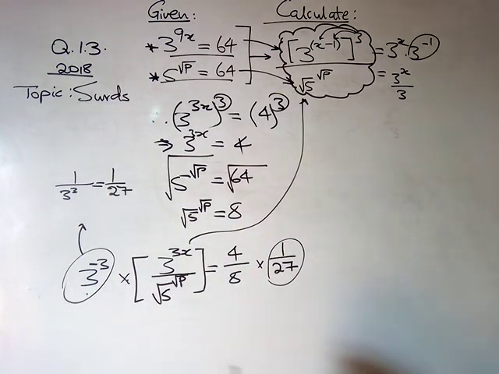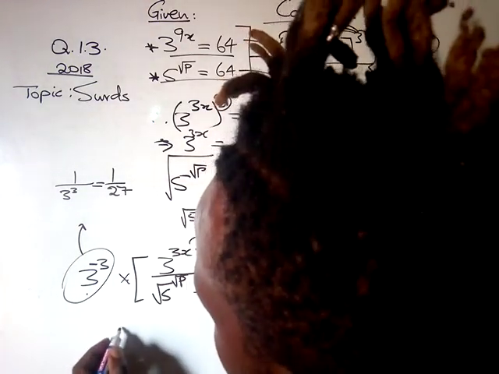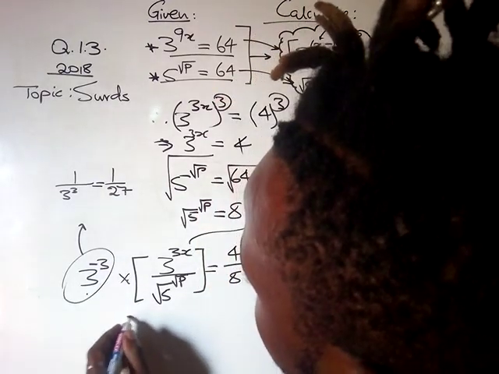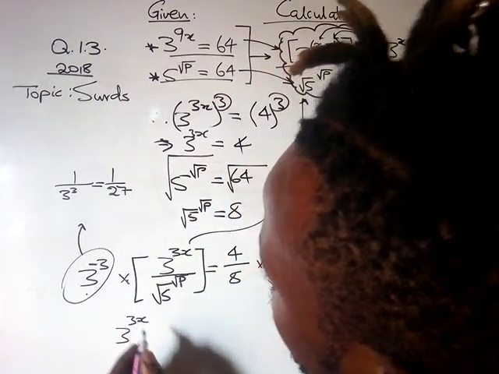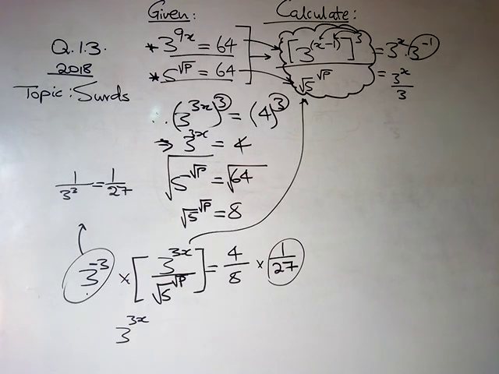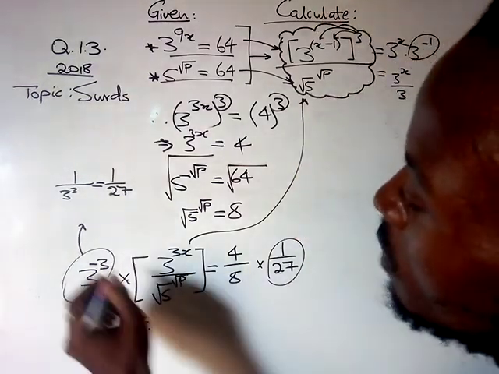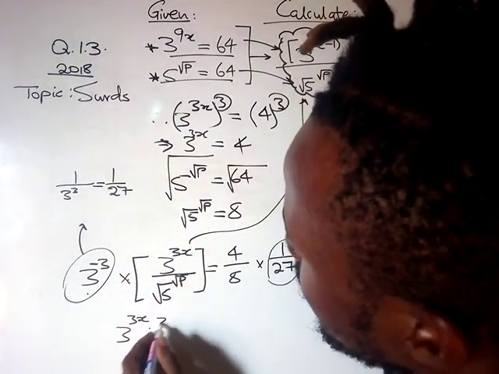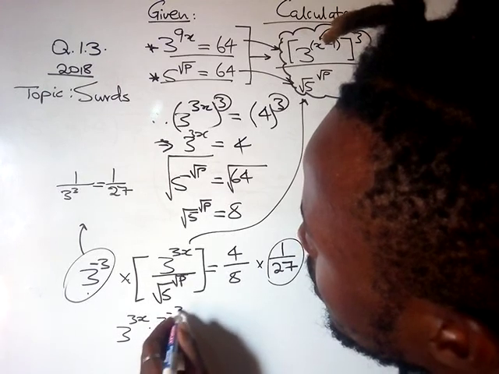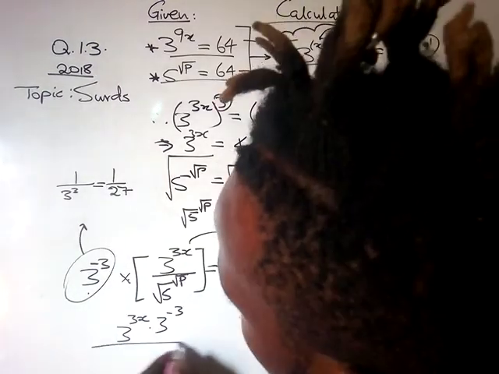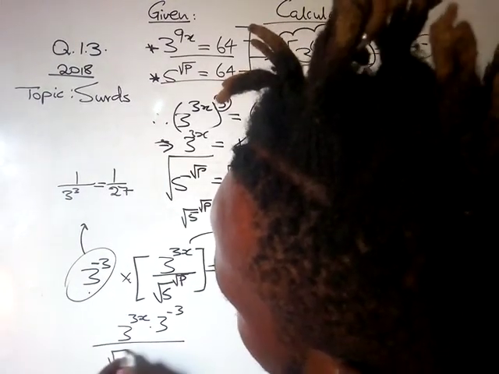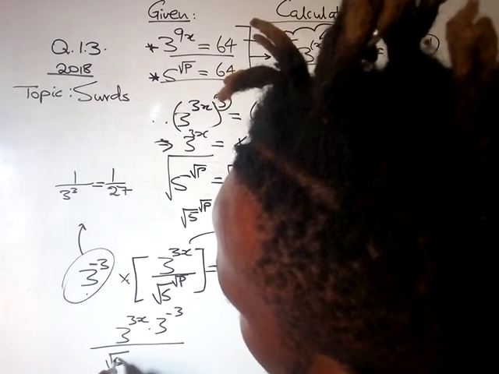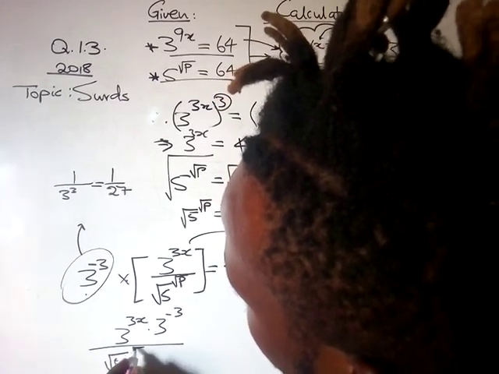So going further, we have 3 to the 3x, right? 3 to the 3x multiplied again by 3 to the minus 3, all over the square root of 5 to the root of p.